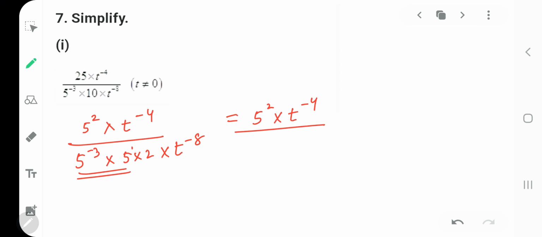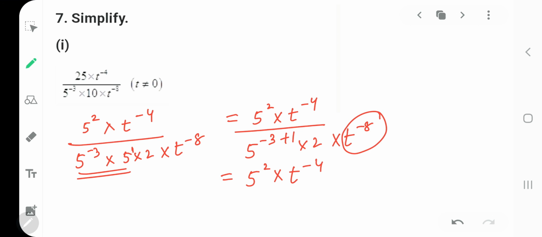Here you have 5 raised to 1 and 5 raised to minus 3. So that will be minus 3 plus 1 into 2 into 10 raised t raised to minus 8. That will be 5 raised to 2 into t raised to minus 4. This minus 4 and here if this 8 I'll take it up, it will be minus minus 8. Down it will be 5 raised to minus 2 into 2. Am I correct with this?